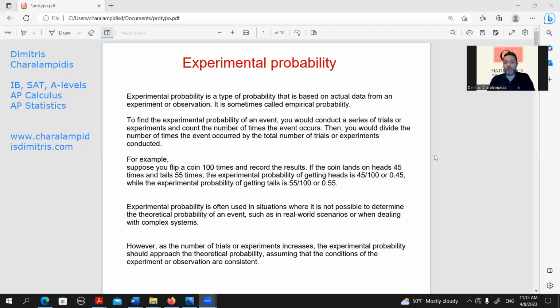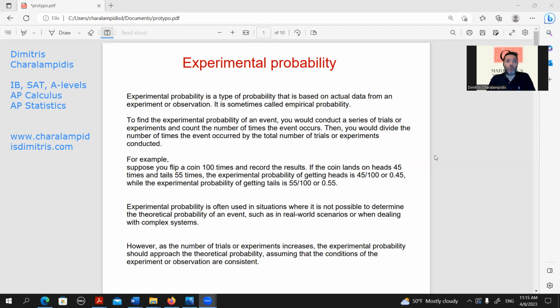We know, however, that if we compare the experimental probability with the theoretical probability we saw in one of my previous videos, both probabilities of landing heads and tails should have been 50%. So you can clearly see that there is a difference between the experimental probability and the theoretical probability.